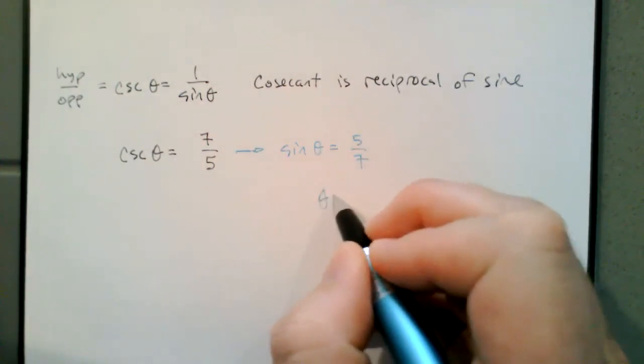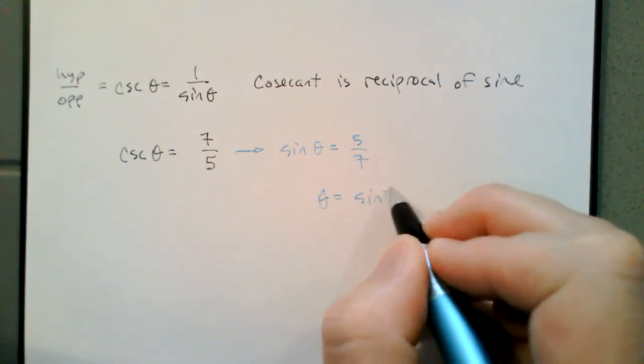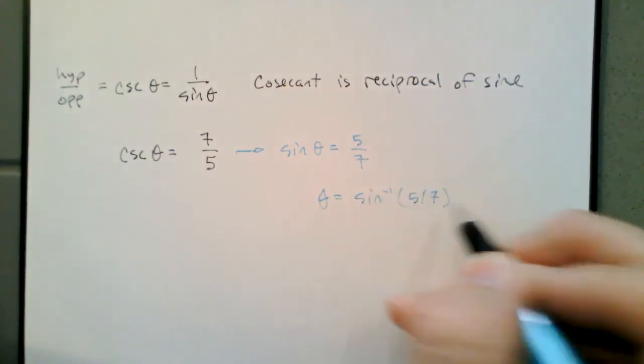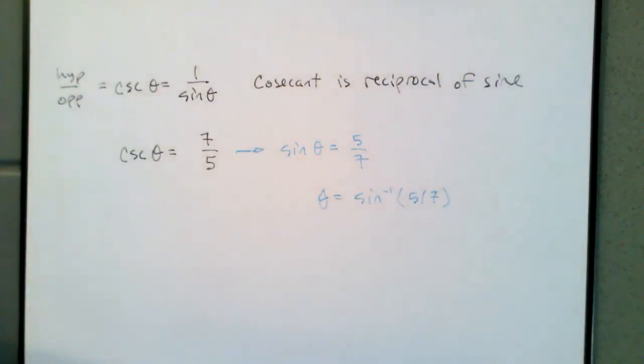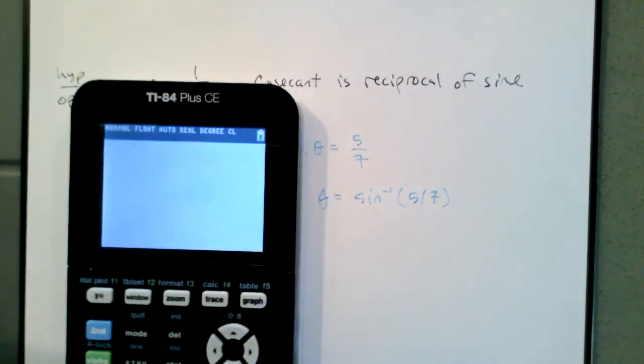So if I want to solve for theta, I'll do the sine inverse of 5 over 7, to get at the cosecant if cosecant of theta is 7/5.